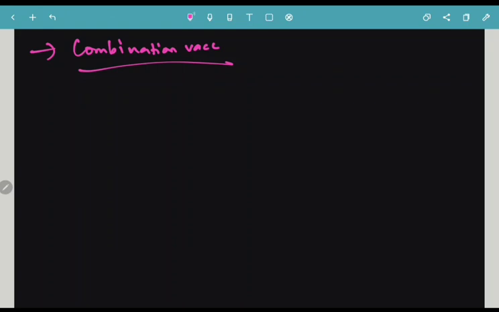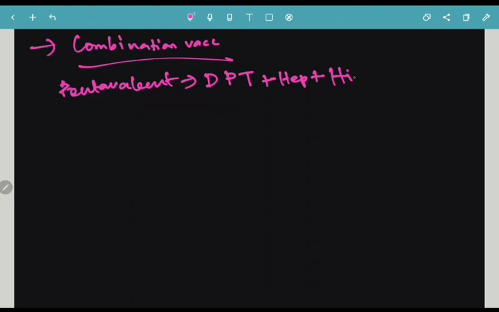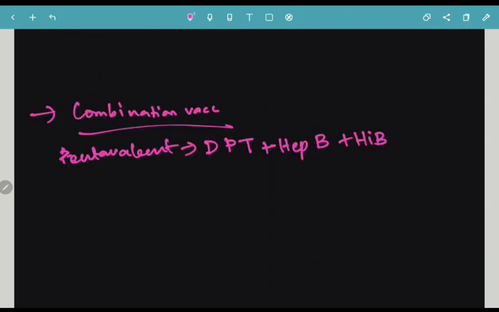A combination is like pentavalent. What do you have in pentavalent? Pentavalent vaccine is a combination of diphtheria, pertussis, tetanus, plus hepatitis B, plus Haemophilus influenza B vaccine.